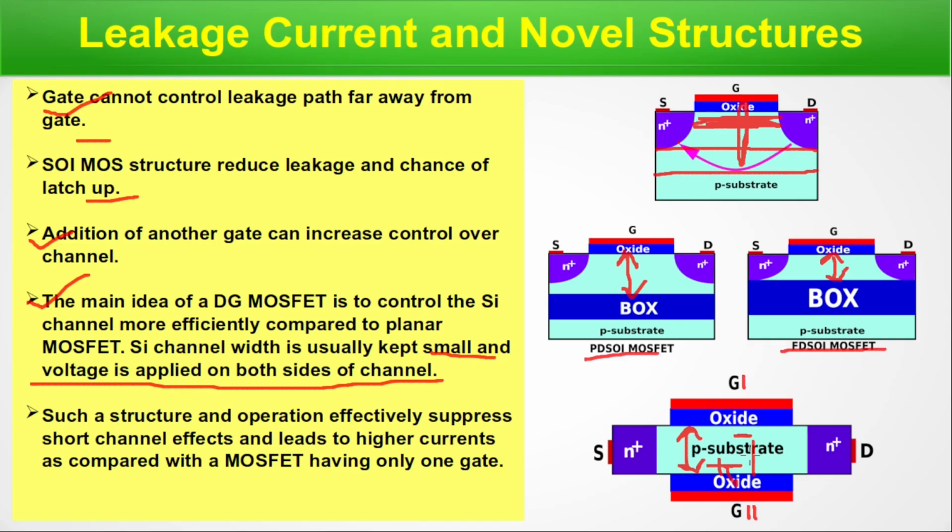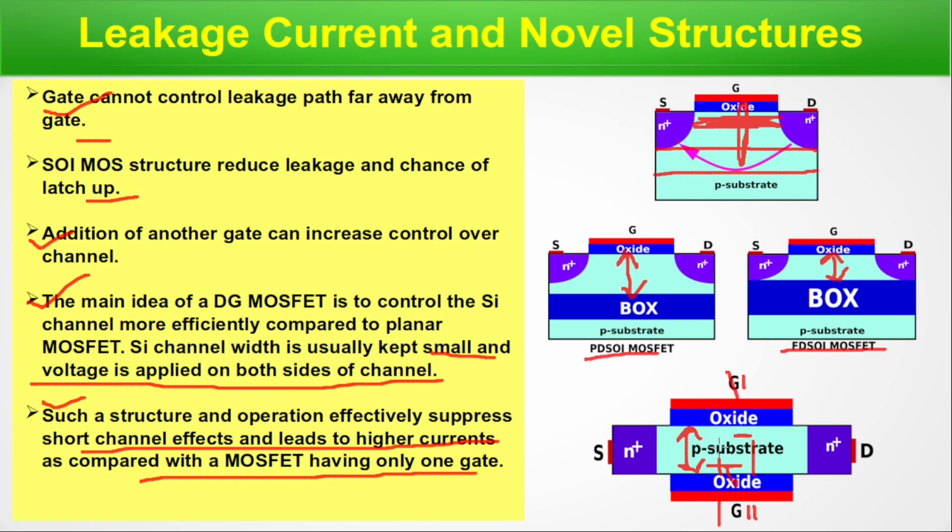If we apply voltage on both gates, the whole area in between is under control. Such a structure and operation effectively suppresses short channel effects and leads to higher currents as compared with a MOSFET having only one gate. Once we use both gates, the whole region is closer to one of the gate electrodes, so the whole channel zone is under gate control. We are done with this slide.